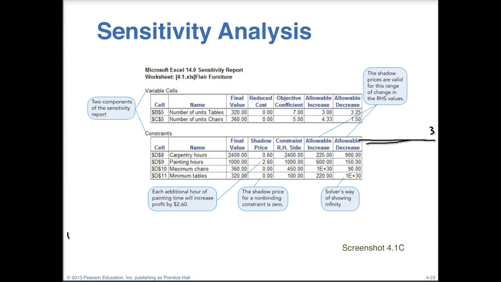All right, so to give you an idea of what reduced cost or opportunity cost is, we're going to look at a situation where we have variables where, let's say the final value for this, instead of being 320, is 0.